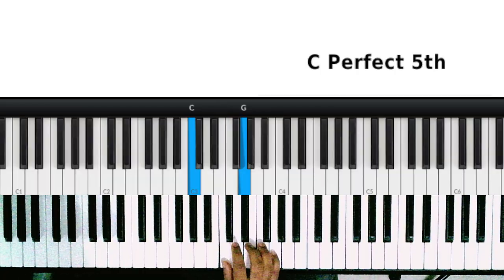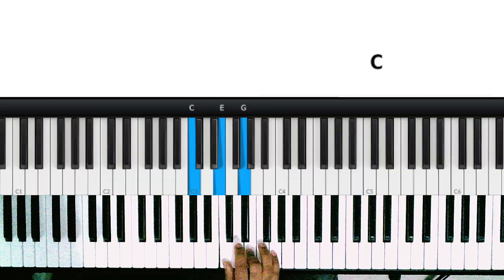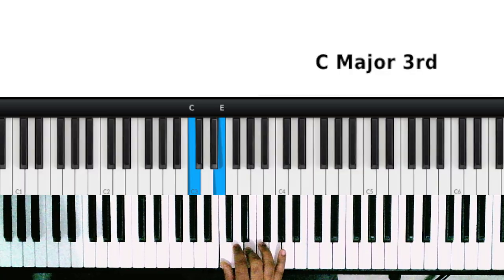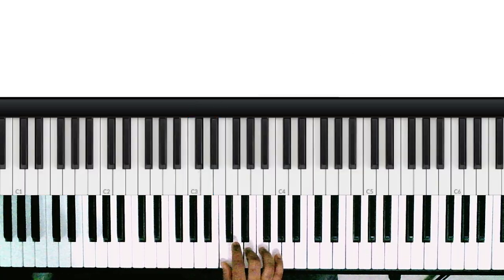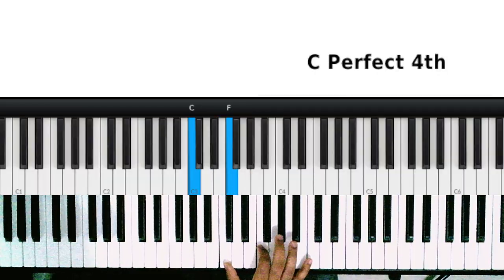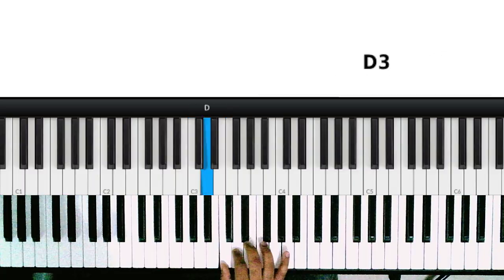Our 1, 3, 5 is our 1 chord. This is how you find it, very easy. You play 1, you skip 2, you play 3. You skip 4, you play 5. This is 1. So your 4 note, you go to the 4. 1, 2, 3, 4.